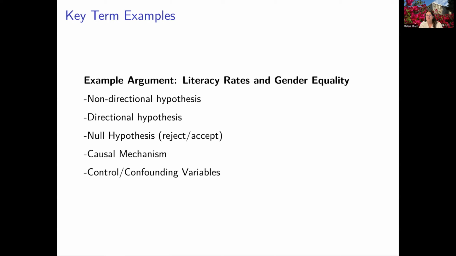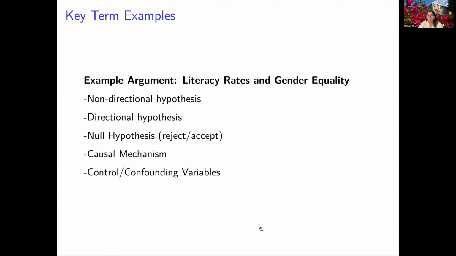And then confounding or control variables would be anything that we think mediates the ability of literacy rates to cause gender equality. So this is a pretty solid argument. We could also see that there are additional control or confounding variables, maybe like laws or institutions in a nation that would change the ability of literacy rates to directly affect gender equality.